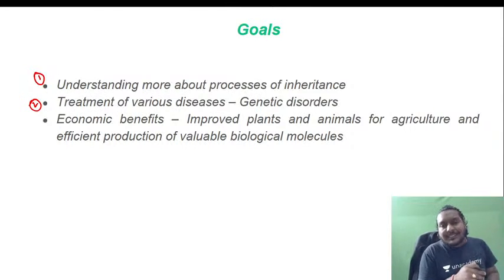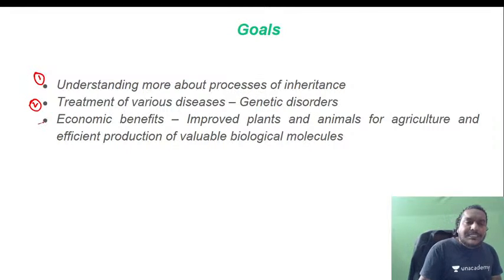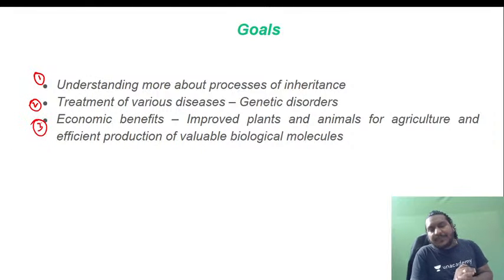And it's not just for the treatment. It's not just for inheritance alone. Then we talk about genetically modified crops often. When we talk about genetically modified crops, how is that being done? You would try to get certain kinds of economic benefits.